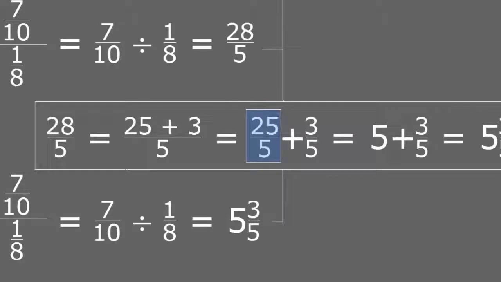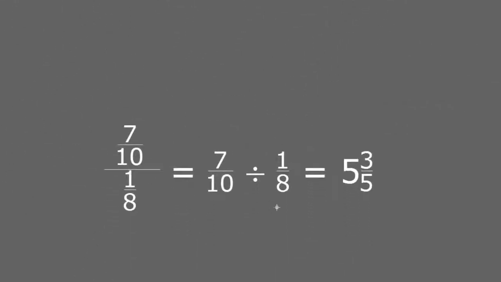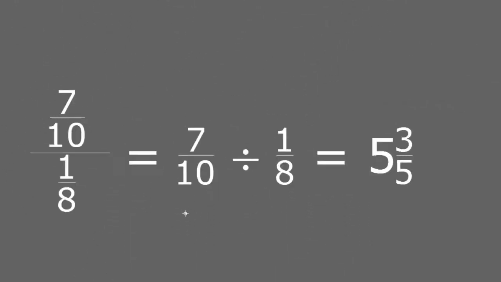And 25 divided by 5 equals 5. So now I have that all of this equals 5 plus 3/5. And again, I forget about the sign of addition and just write it as 5 3/5. So at the end of the day, what we have is that 7/10 divided by 1/8 equals 5 3/5.